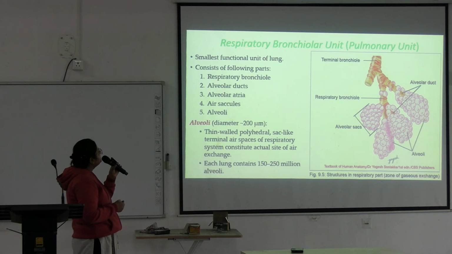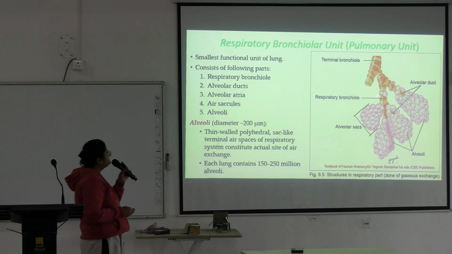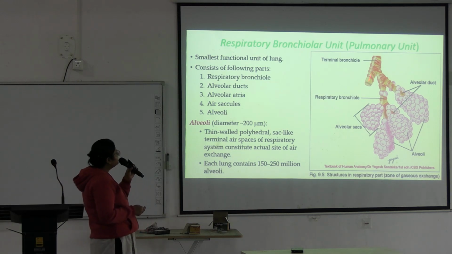Next we go to the respiratory bronchiolar unit or pulmonary unit. This is the smallest functional unit of lung and consists of the following parts: respiratory bronchiole, alveolar ducts, alveolar atria, alveolar saccules and alveoli. Here you can see this is the terminal bronchiole.